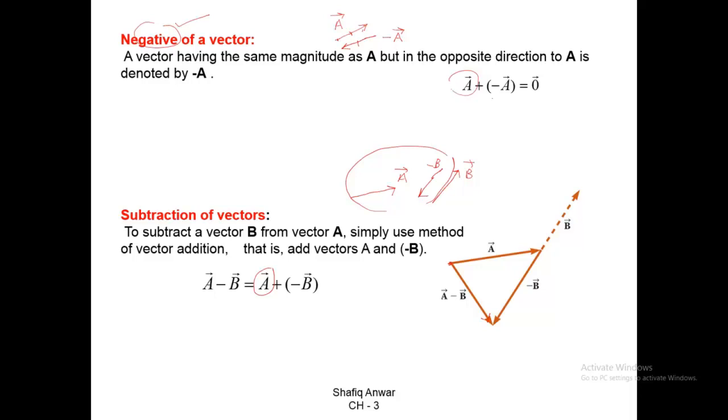This will be your resultant vector, which is a vector minus b vector, which is in fact a vector plus minus b vectors. So you only use this concept of the negative vector. Any vector b is given to you, you take the same magnitude but in the opposite direction and you add it with the first vector. That's it. Clear?